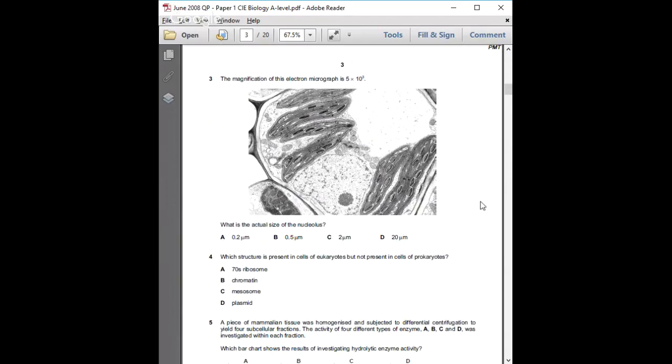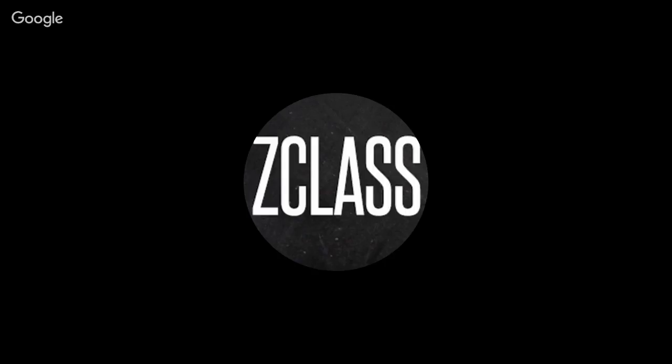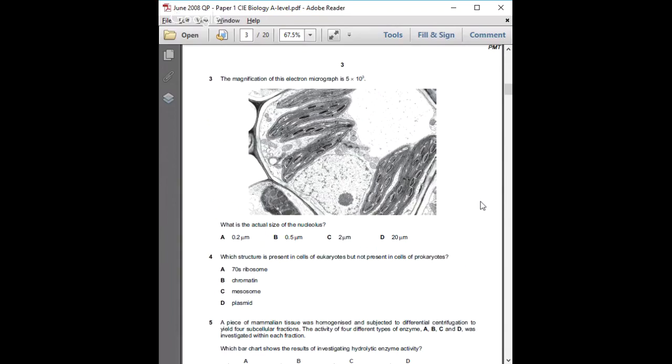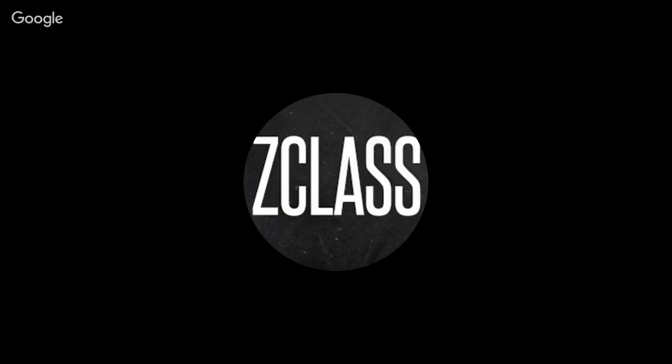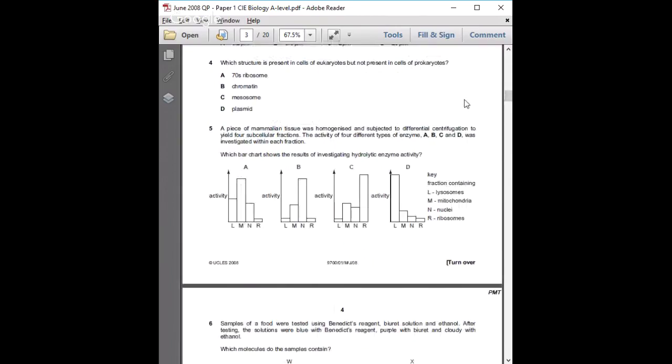Am I allowed a ruler? Yeah, you have a ruler in the exam, but we'll just skip it for now because I'm pretty happy that you know how to do these questions.